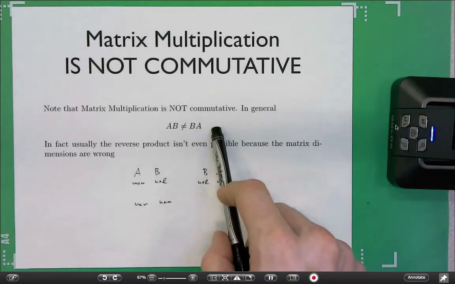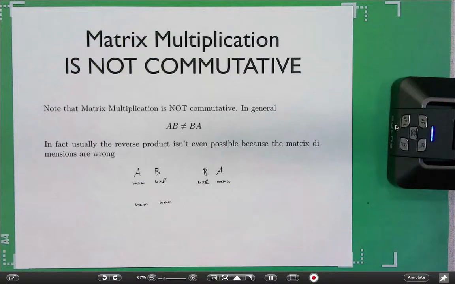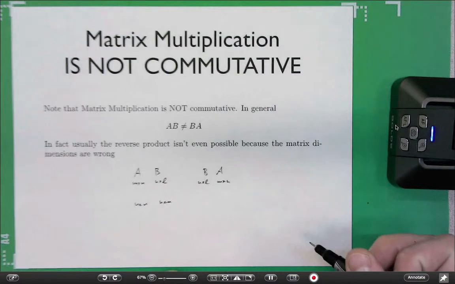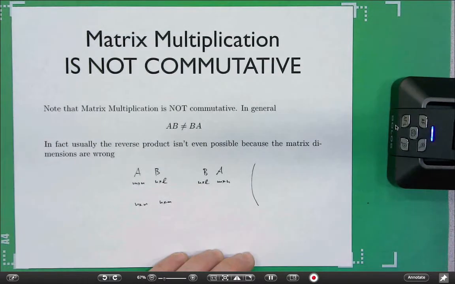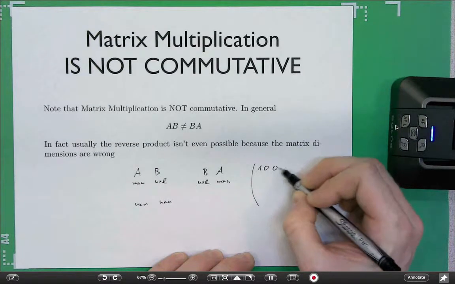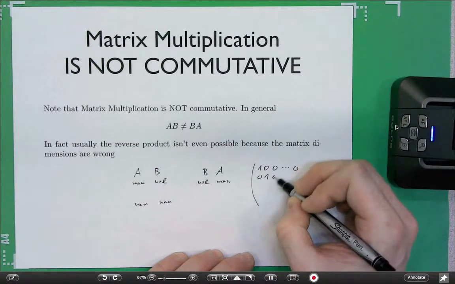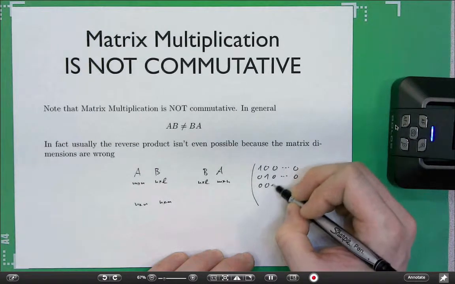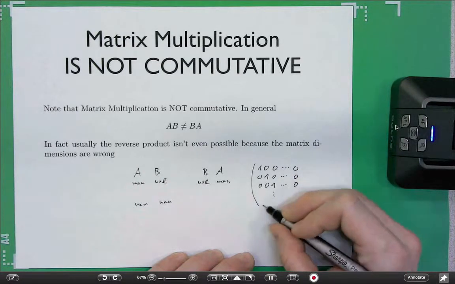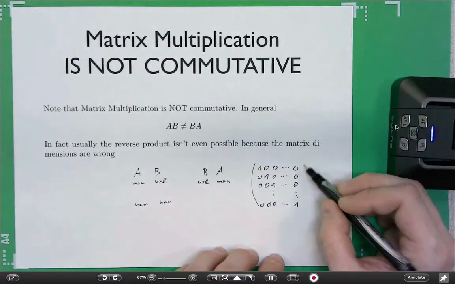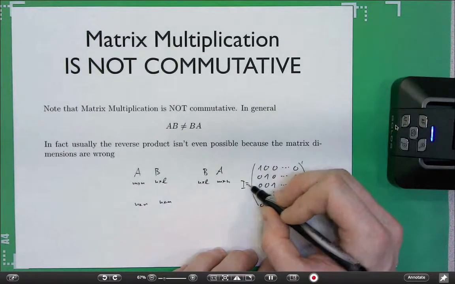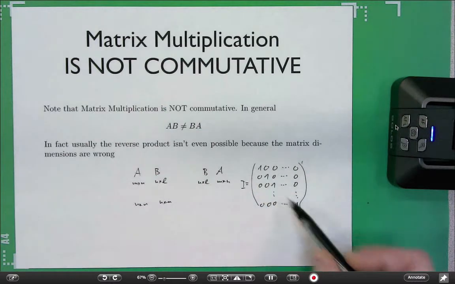Not every two matrices must be non-commutative, right? Like if I take the identity matrix. Do you know what the identity matrix is? That's the matrix that looks like this. Ones on the diagonal, zeros everywhere else. So the identity matrix is a square matrix and has 1s on the diagonal and 0s everywhere else.